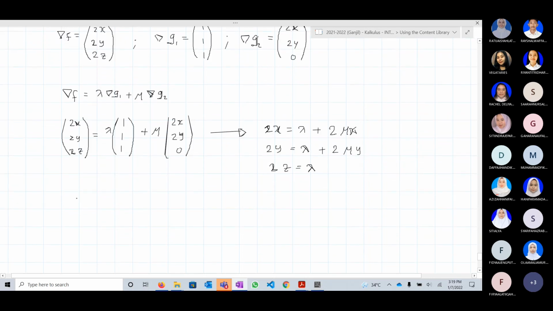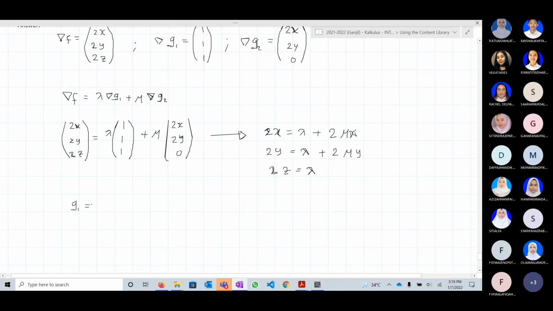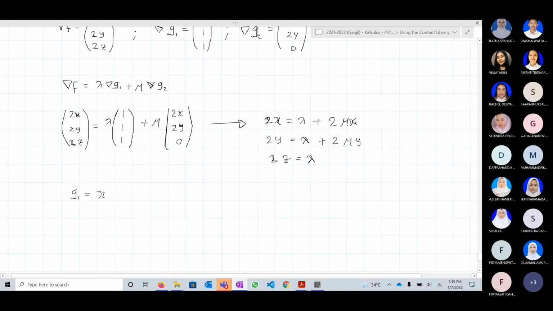We also need g1, x plus y plus z minus 1 equals 0, and g2, x squared plus y squared minus 1 equals 0.